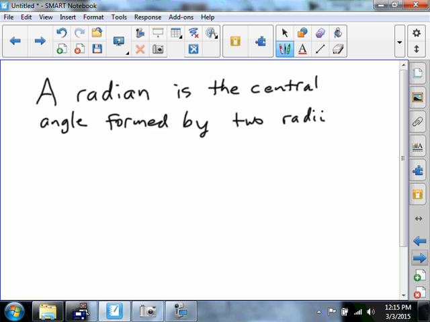So by two radii and an arc equal in length, and length has a G in it last time I checked. So a radian is the central angle formed by two radii and an arc equal in length to a radius.